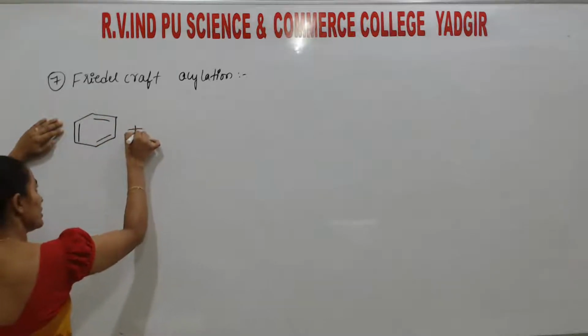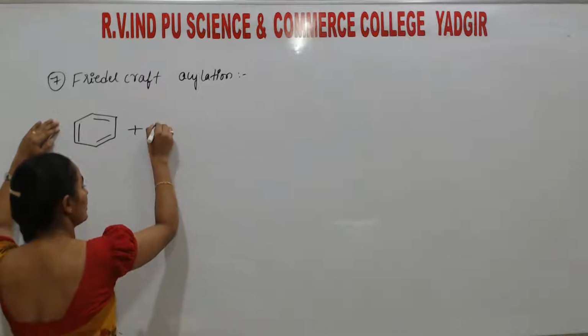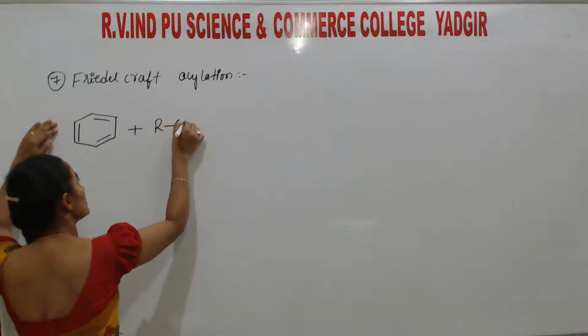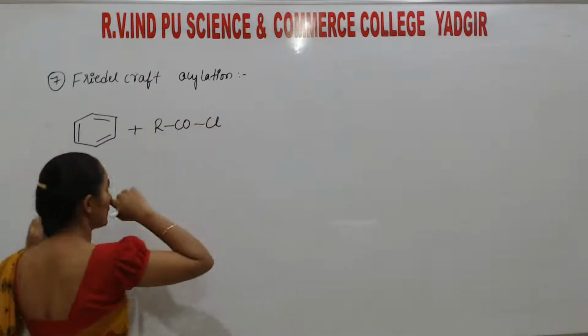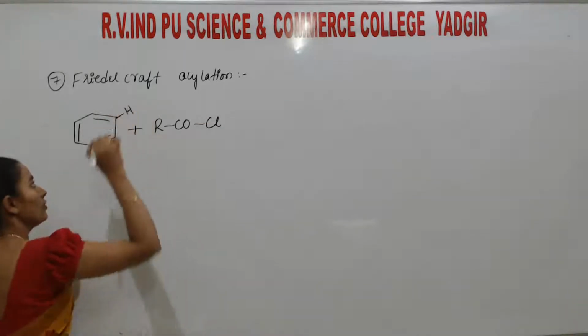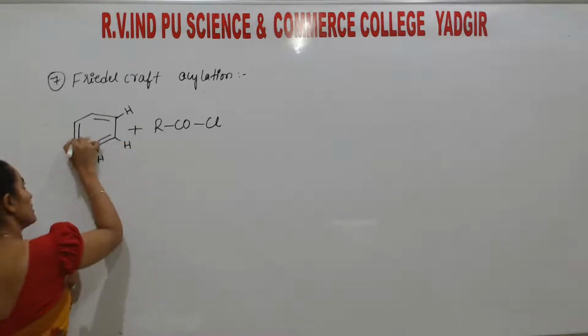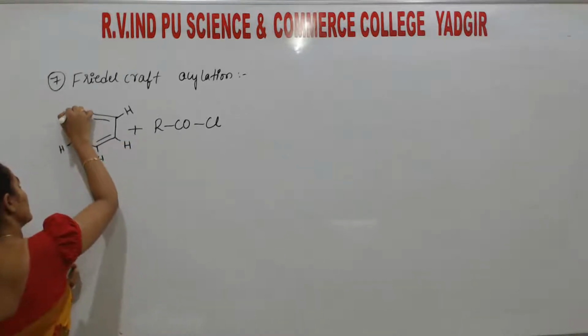is going to be treated with acid chloride, that I take as RCOCl. Here nothing else is there, H is there in all the cases. C6H6. Correct?